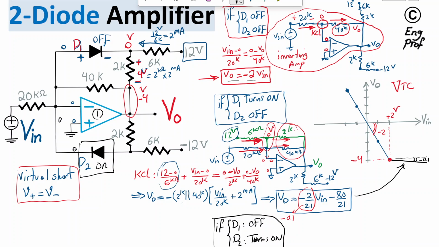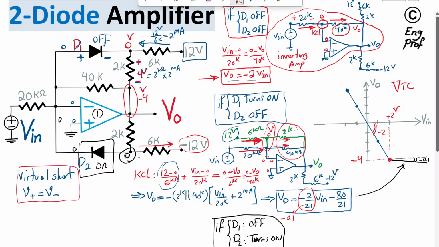If diode D2 is off but is about to turn on, it means the voltage at the right side here is just about to get to 0. If that is the case, let me change the color so that it's visible, from 0 to negative 12, there is a current going like this through the 6K resistor. So diode D2 is about to turn on, not yet turned on.